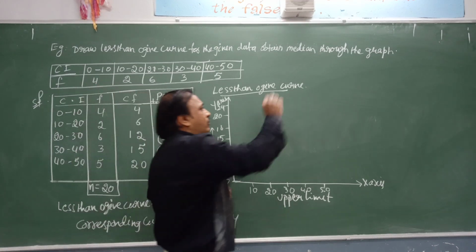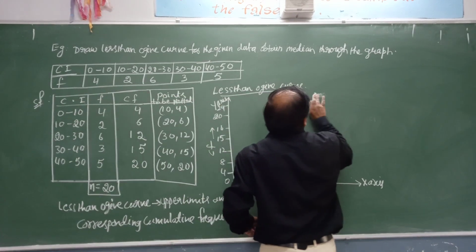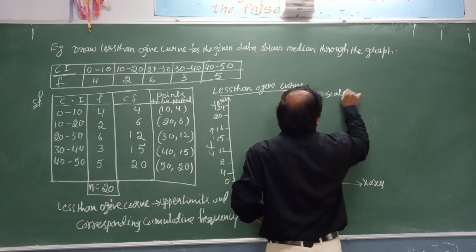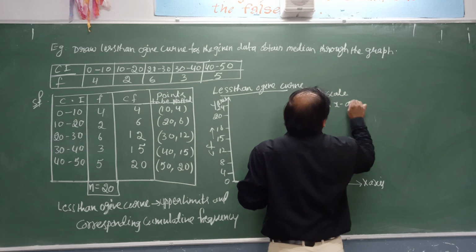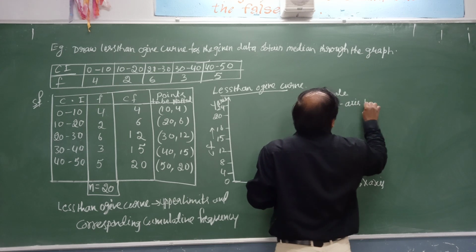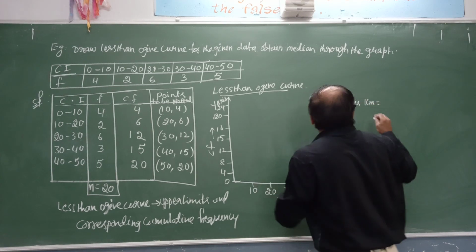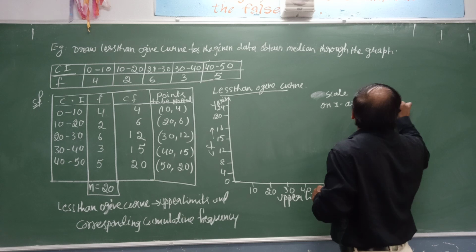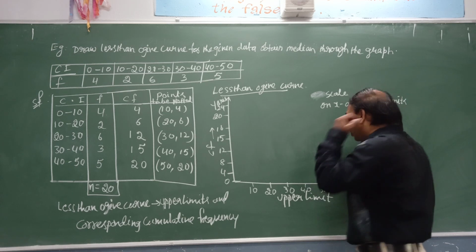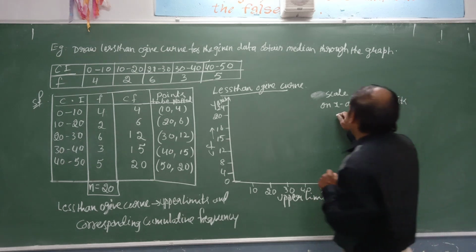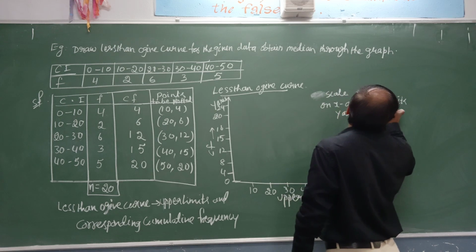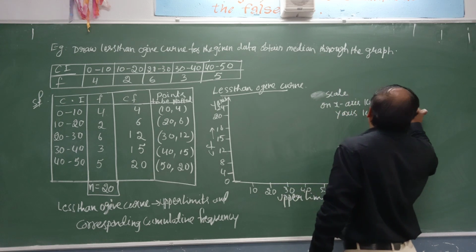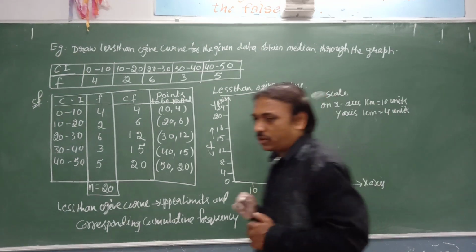So what we took on the scale: on the x-axis, 1 centimeter is equal to 10 units, that is the upper limits we took. On the y-axis, 1 centimeter is equal to 4 units we consider for the scale to draw the graph.